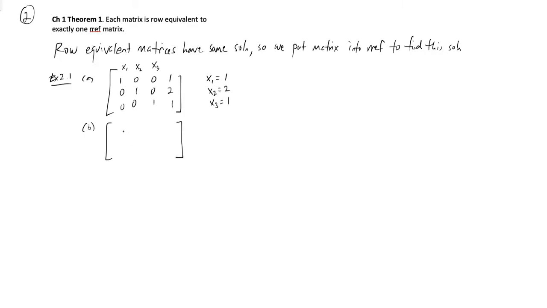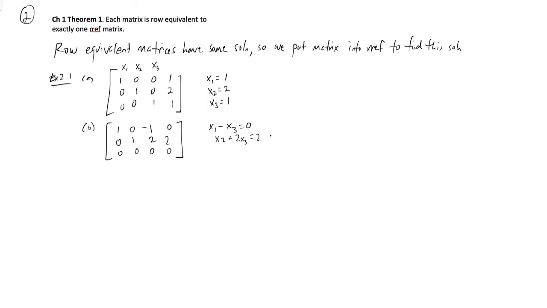Let's look at a slightly more complicated scenario. So let's say we put it in reduced echelon form and we have this matrix with a row of zeros. Now this is much like the one that I did earlier. Let's turn this into equations. So we'll have x1 minus x3 equals 0. We'll have x2 plus 2x3 equals 2, and then we'll have 0 equals 0.